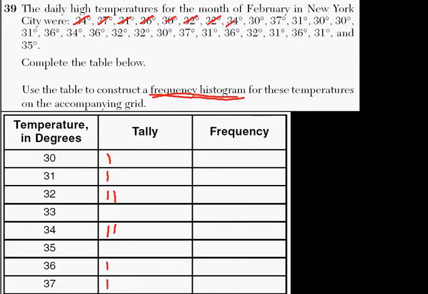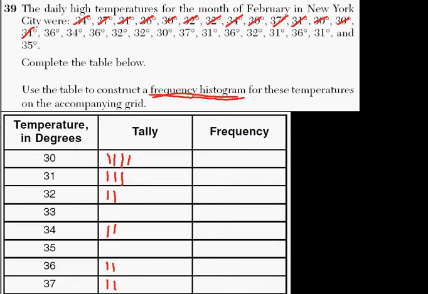This gets a little bit tedious, but you get the idea. 30, cross it off. 37, cross it off. 31, cross it off. 30, another one for 30, cross it off. Another one for 30, cross it off. Another one for 31, cross that off.